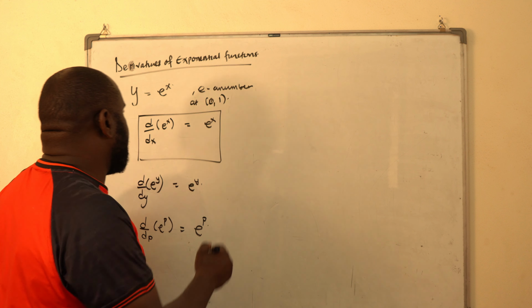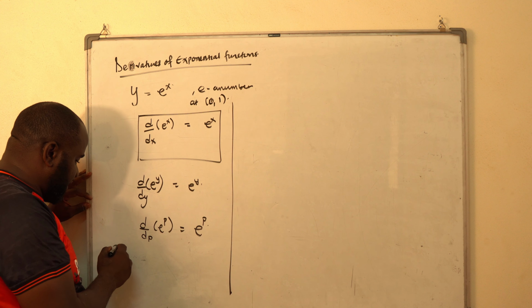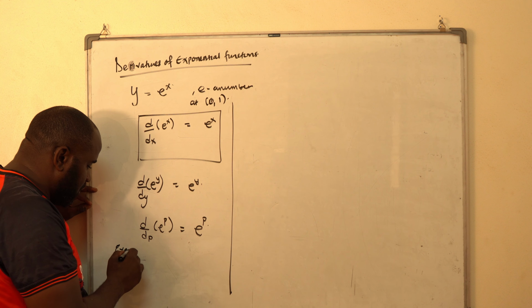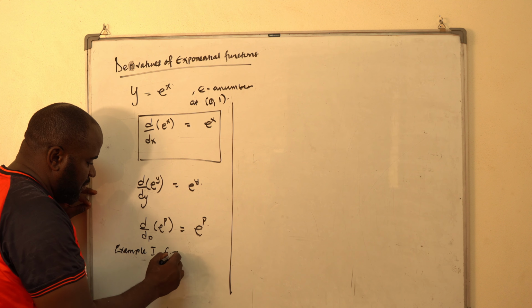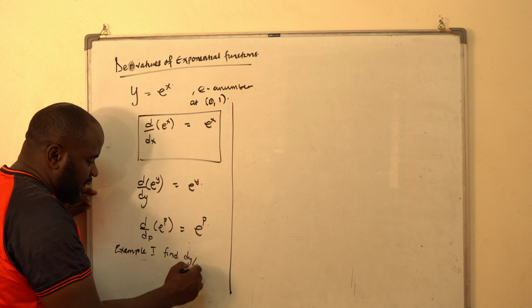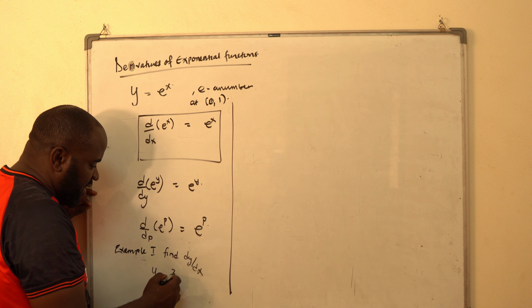For example, example 1. Find dy/dx given y is equal to exponential of 3x squared.